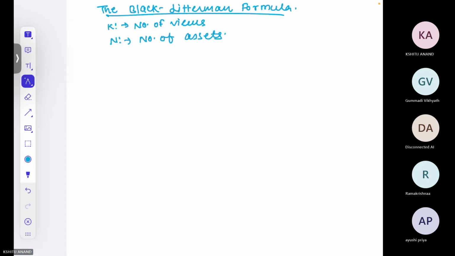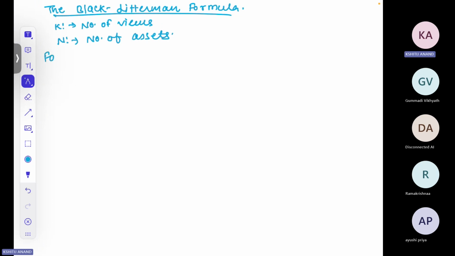Then the formula of the new combined return vector, ER. So what did I say? In MVO, you try to minimize variance given return. From where do you get that return?